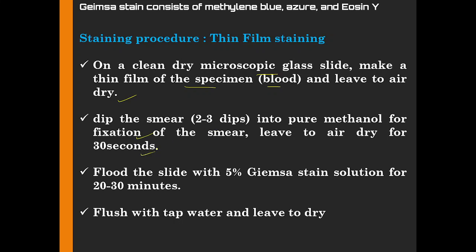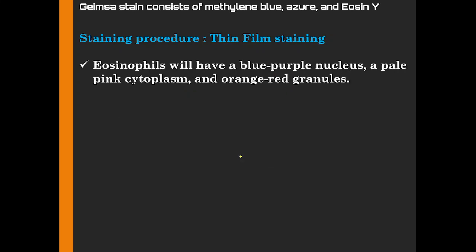Let it air dry for 30 seconds, and then one can add the Giemsa stain and allow it to stain for 20 to 30 minutes. Then one can wash off the excess stain with tap water, or with the help of a filter paper or blotting paper, and leave it to dry. Then one can observe the cell types under a compound microscope with 10x and 100x using immersion oil.